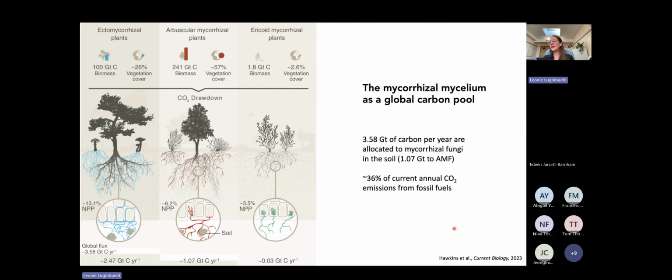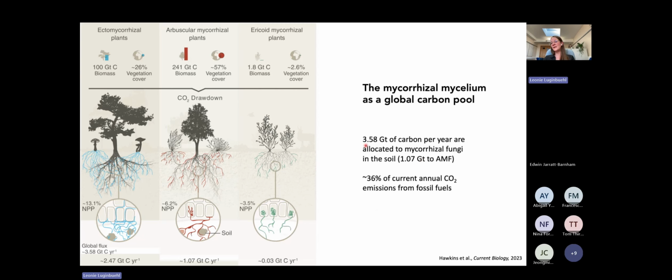So this is a paper that was published about a year ago that looked at carbon transfer to these mycorrhizal fungi, not just arbuscular mycorrhiza, but also other mycorrhizal fungi that plants associate with. And these researchers estimated that more than 3.5 gigatons of carbon every year are allocated to mycorrhizal fungi in the soil.